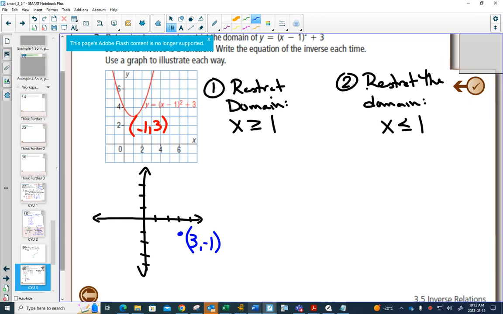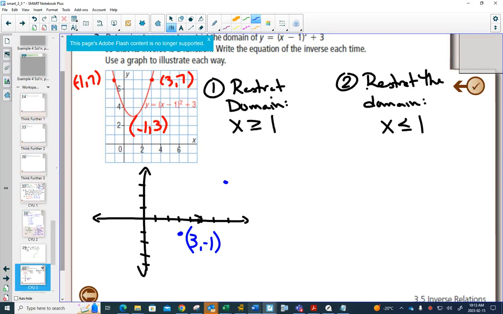And if I find other points on this red graph, for example, I could take this point here and this point here. I have 3, 7 and 1, 7. On my blue graph, I would have 7, 3 and 7, -1.